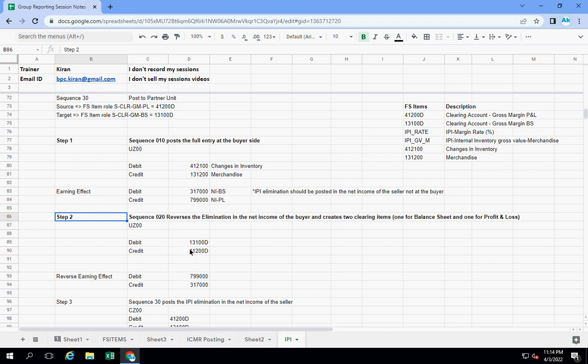One is in P&L, one is in balance sheet, and we will reverse this particular entry. Same thing here: I have clearing account gross margin P&L, and clearing account gross margin balance sheet. So these 2 accounts you know.